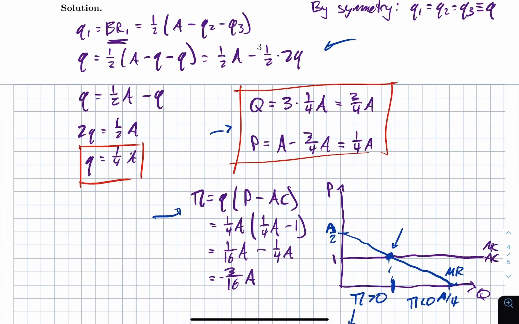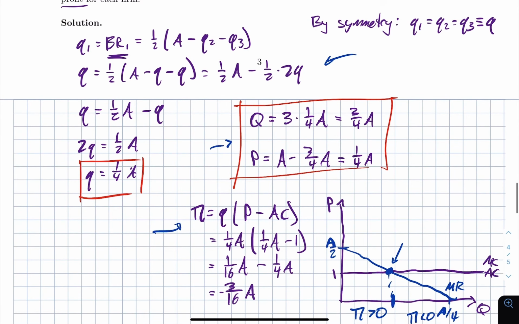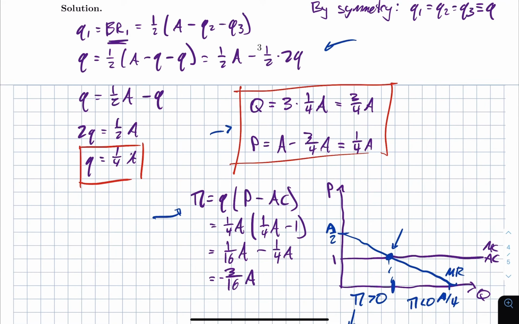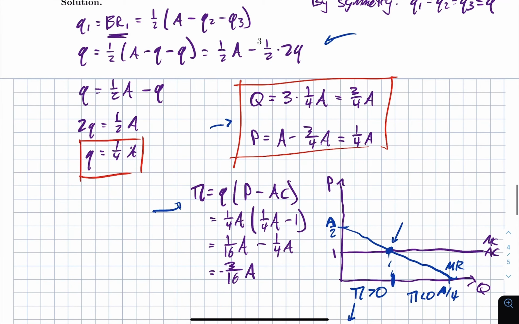So let's start here. Let's just double check. So we have 1/2 times A, 1/2 times A. We have 1/2 times 2Q, which just becomes Q. So that's good.